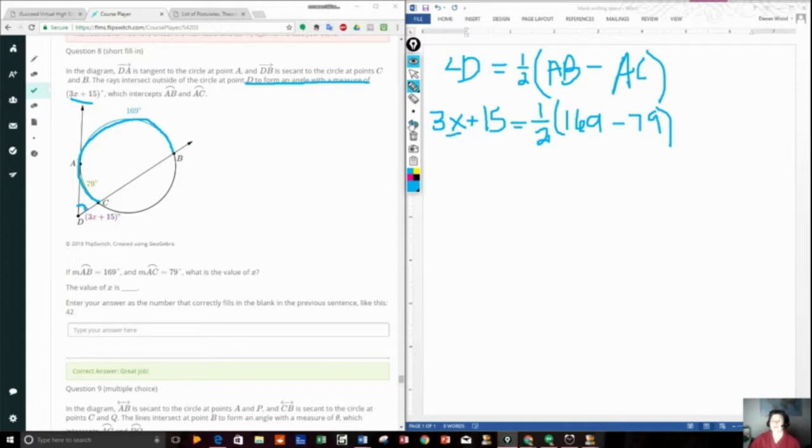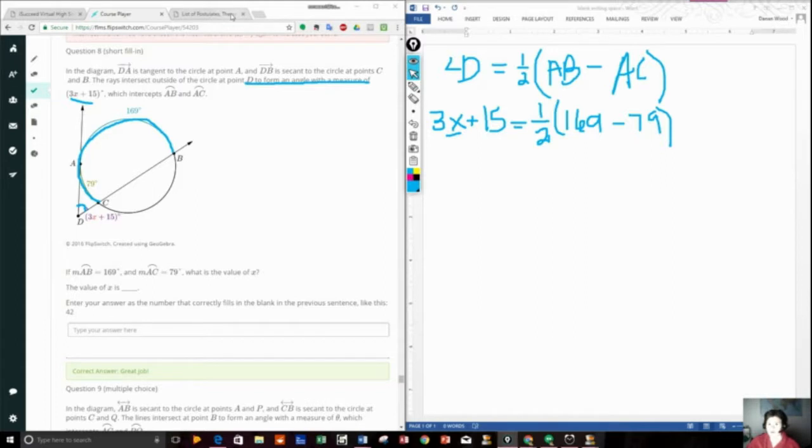Okay, this one I'm going to solve differently than the last one, because the last one had an x on the right hand side as well, and this one I only have an x on the left hand side. So I'm going to simplify the entire right side because it is all numbers.